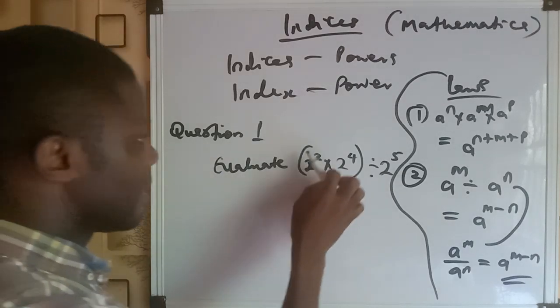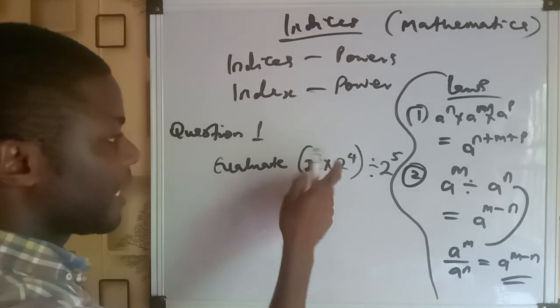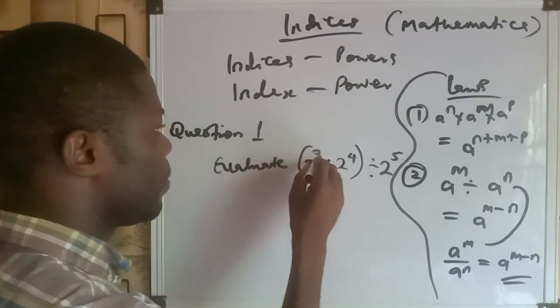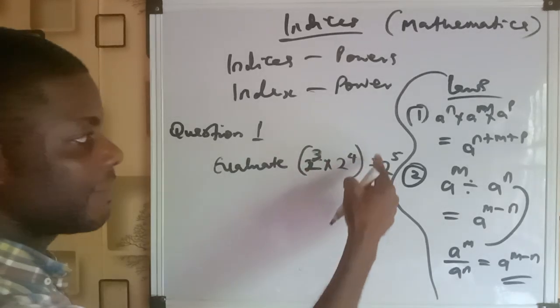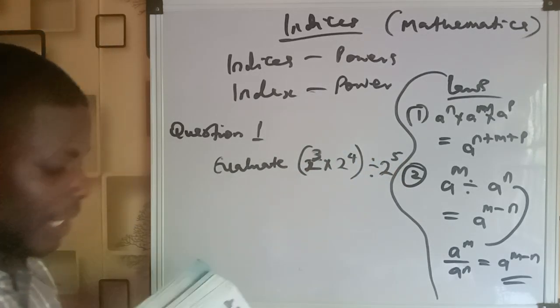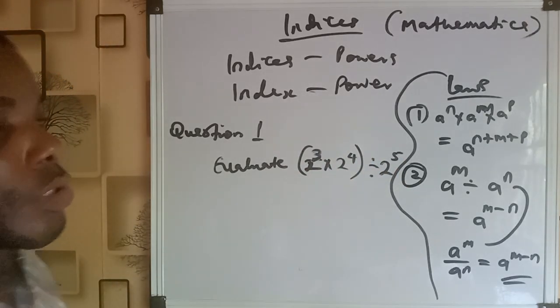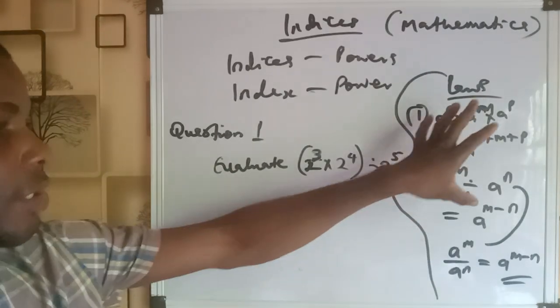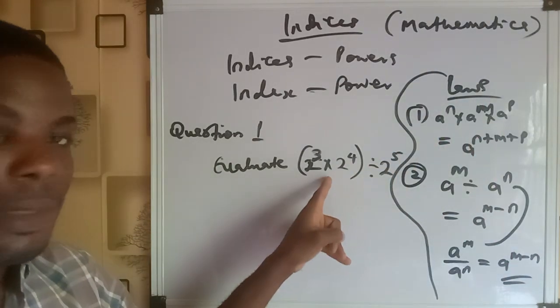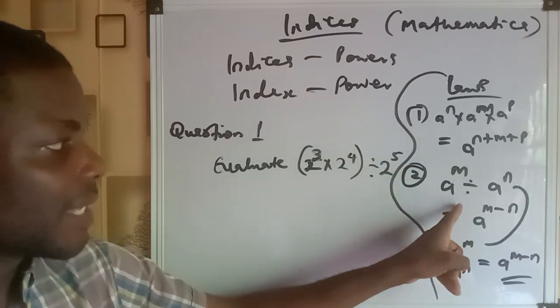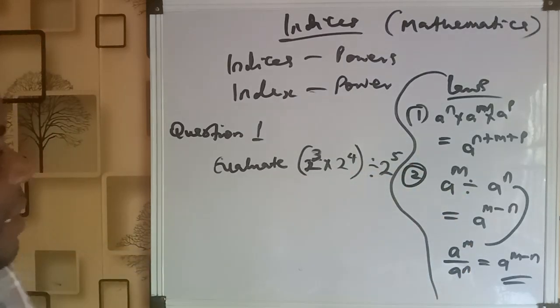So evaluate, bracket open, 2 power 3 times 2 power 4, close bracket, divided by 2 power 5. Now, we are going to use those two laws. That's actually why I wrote just those two. We'll use this one to fix what is inside the bracket, and then we use this second law to fix this. All right? So, let's get started.